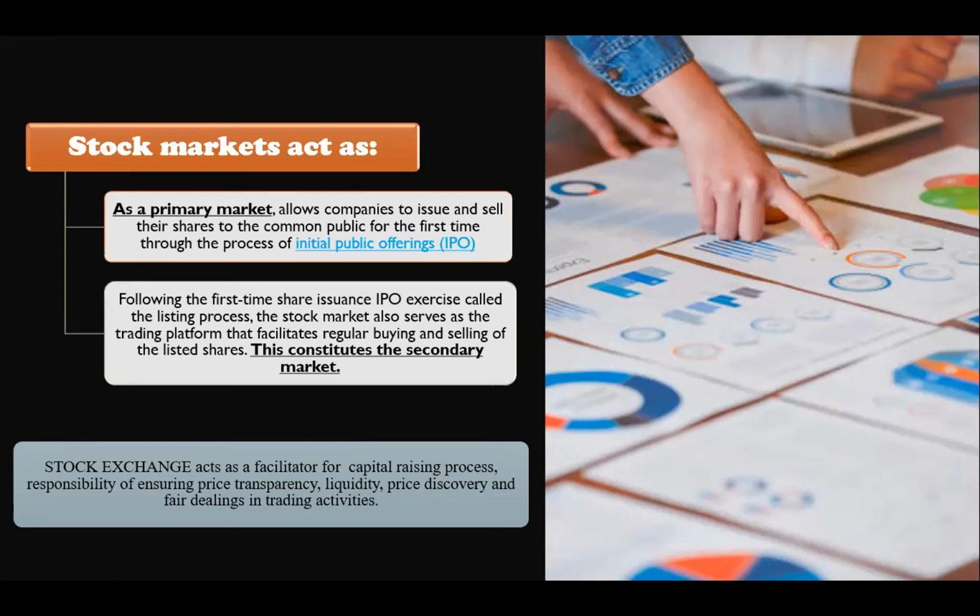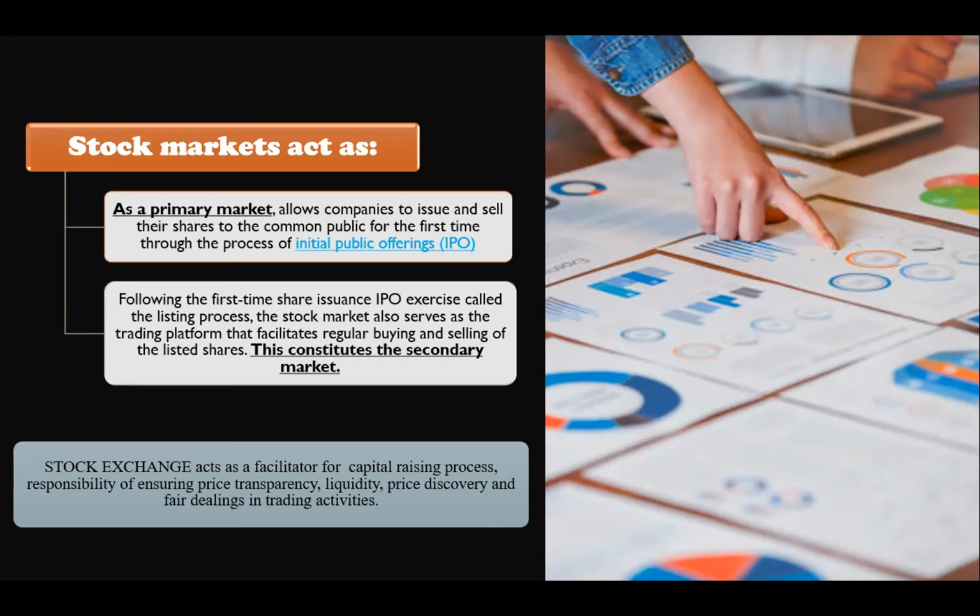This activity allows businesses to raise money they need from investors, and in essence, it means that a corporation divides itself into a number of shares and sells a part of those shares to the common public at a price. Here, the stock exchange acts as a facilitator for the capital raising process, responsible for ensuring price transparency, liquidity, and fair dealings.